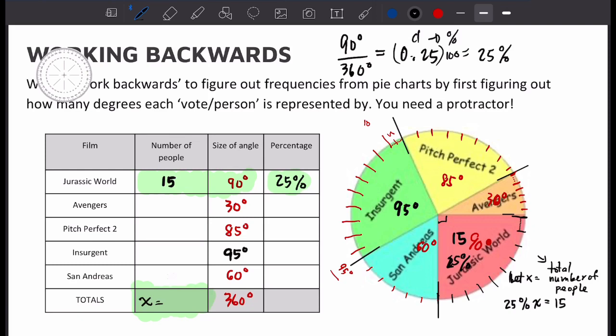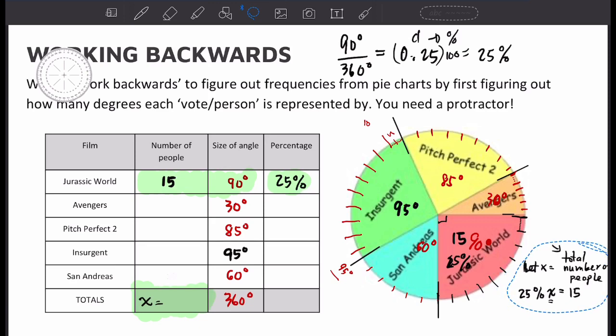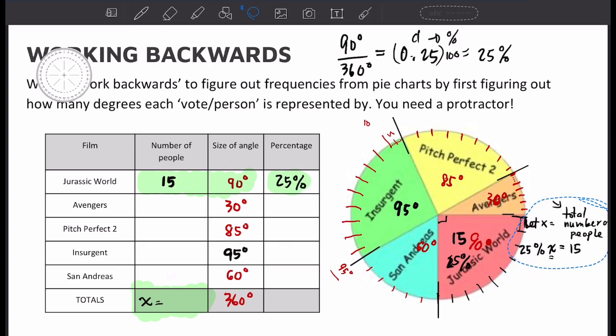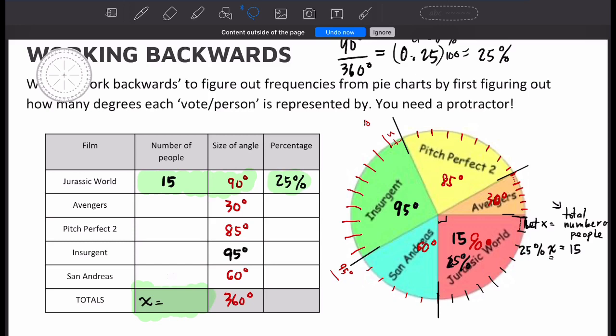I think it's worksheet 106. Except we don't know what the quantity is. So how do we do this? Again, remember, you cannot add, subtract, multiply, or divide by a percentage.